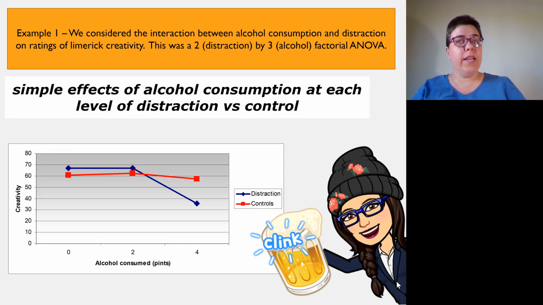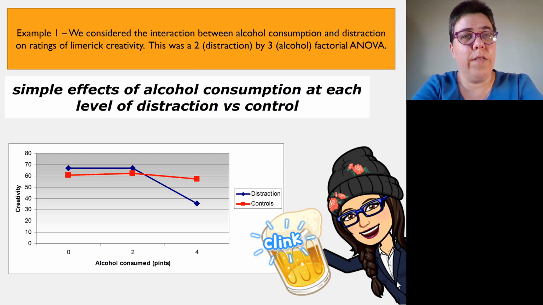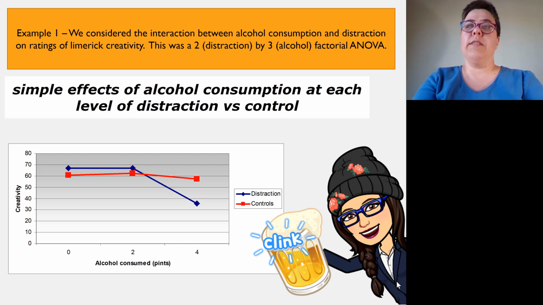Another way of thinking about interactions in regression is to go back to our examples in the ANOVA model and imagine what it would look like if our IVs were actually continuous. You remember that there was an interaction between alcohol consumption and distraction on ratings of limerick creativity. At the time we had a distraction and a control condition, and then we had 0, 2, and 4 pints.